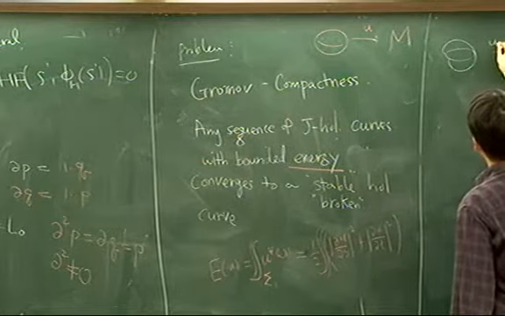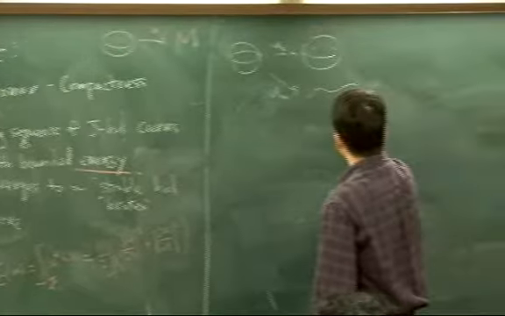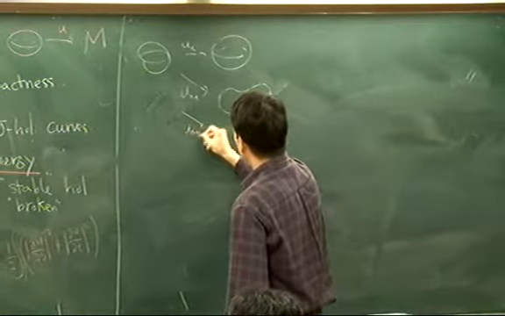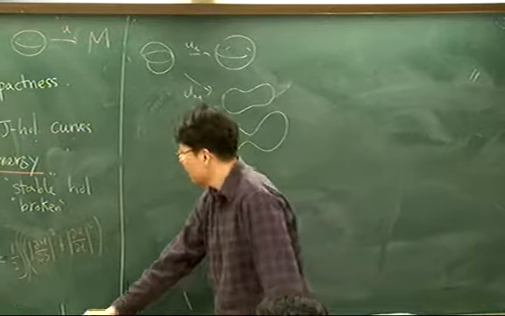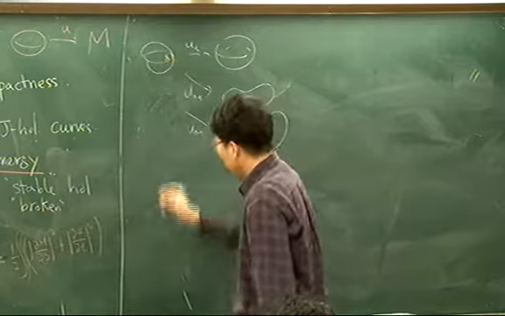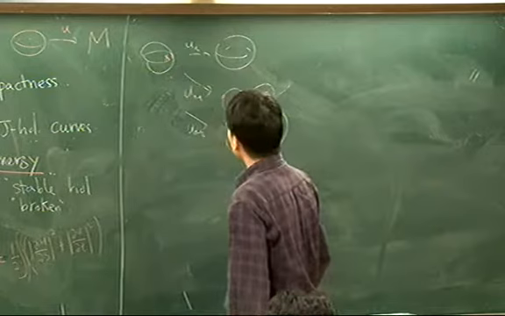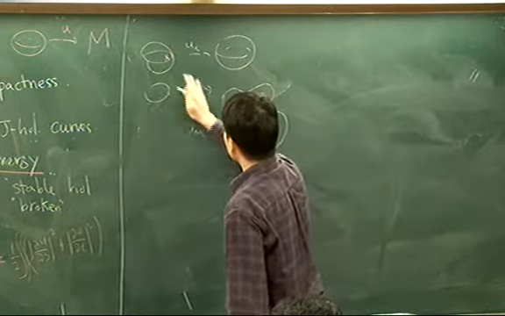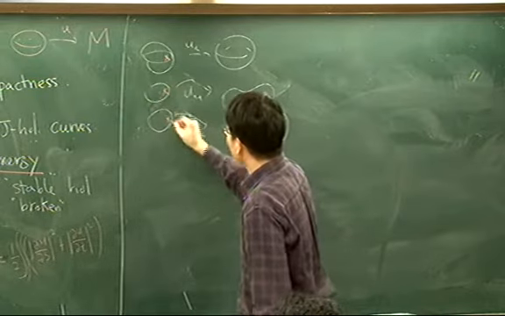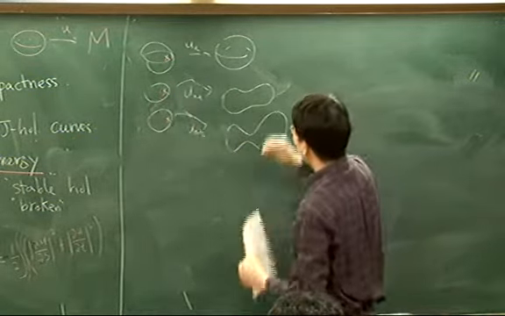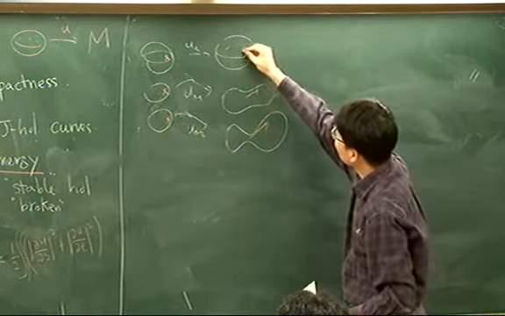so this is u_n, u_{n+1}, u_{n+2}. And what happens is at certain points, okay, so maybe I'll just do it this way. If you have a sequence of maps, at these points somehow the derivative gets bigger.